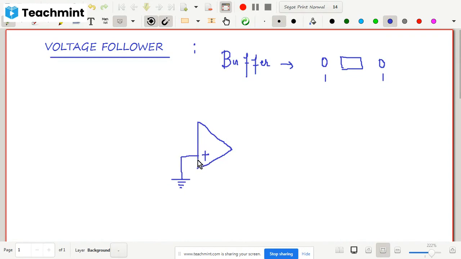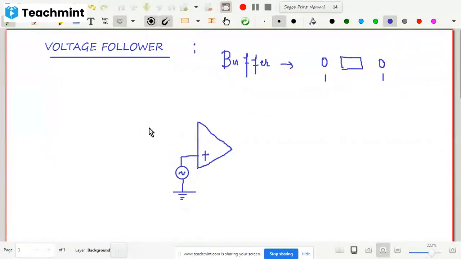Since this is a non-inverting amplifier, I need to give the input signal here, whether it is V1 or V2, whatever it is. So I'm giving some signal here at the plus terminal.